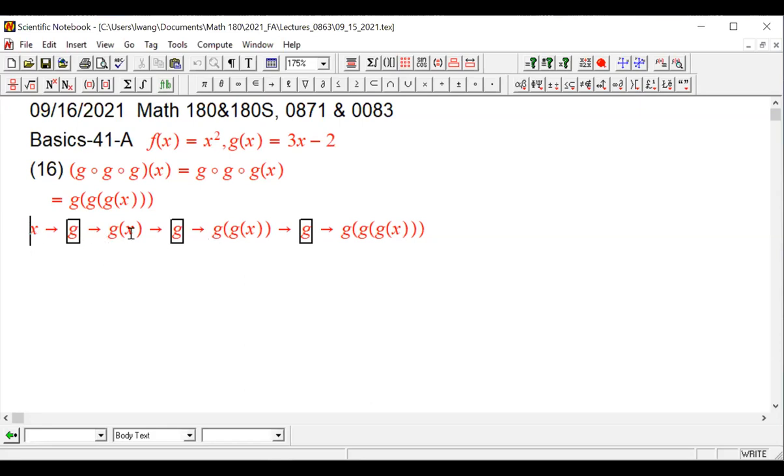That's pretty straightforward. We have G here, and the output in this specific situation is 3x minus 2.